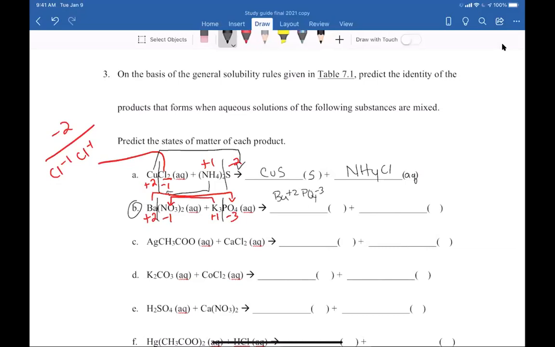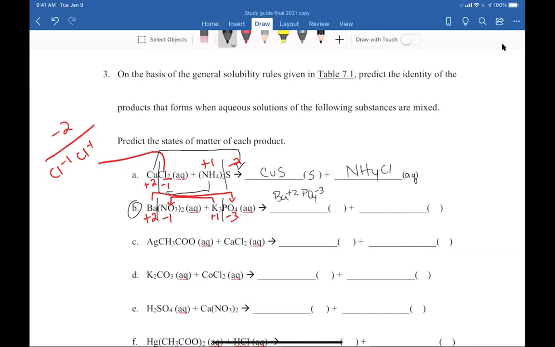Now, remember, this is very similar to something we just saw above. We can't say oh, we need another Ba and that will balance with that -3. Or we can't say we need another PO4 and then that will balance out with that Ba. Instead, we need to use that technique that someone mentioned before.